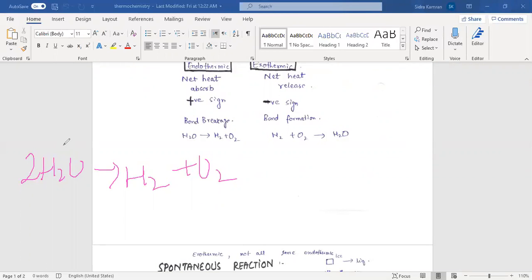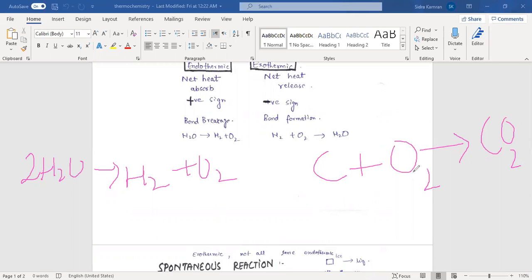For an exothermic reaction, for example, you are making the bond: carbon plus oxygen combining together and making carbon dioxide. So you are forming the bond, so the reaction is exothermic.